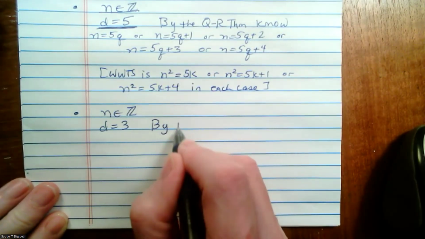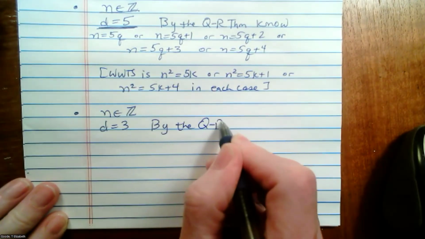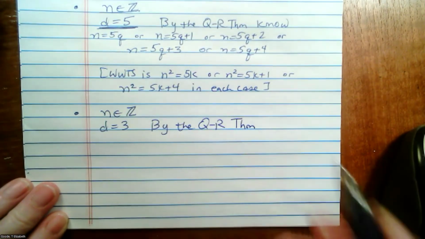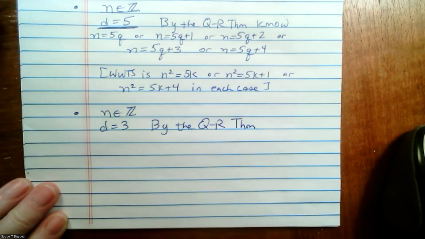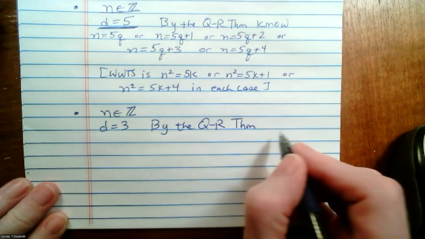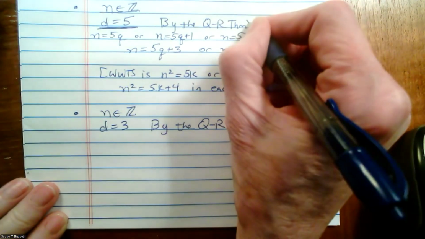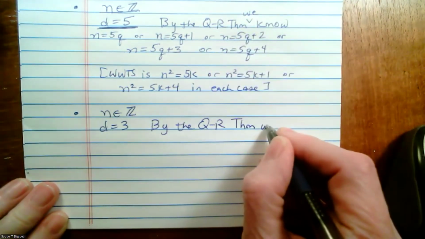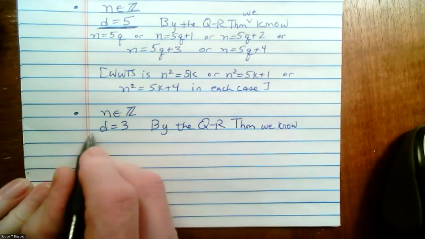We still have 3 cases though, even though n squared can never look like 3k plus 2. By the QR theorem, we know that either, well, d is 3.